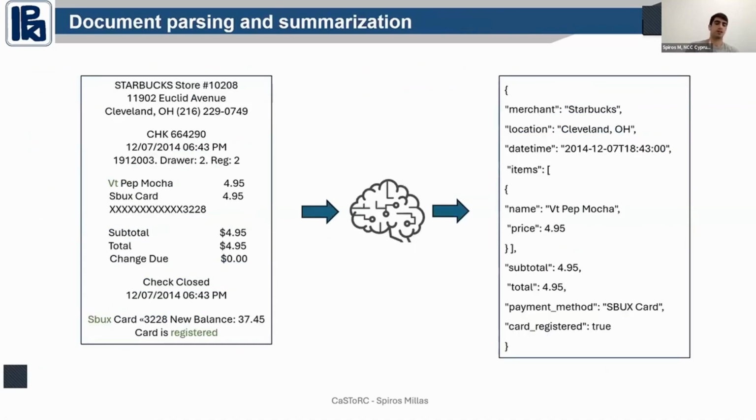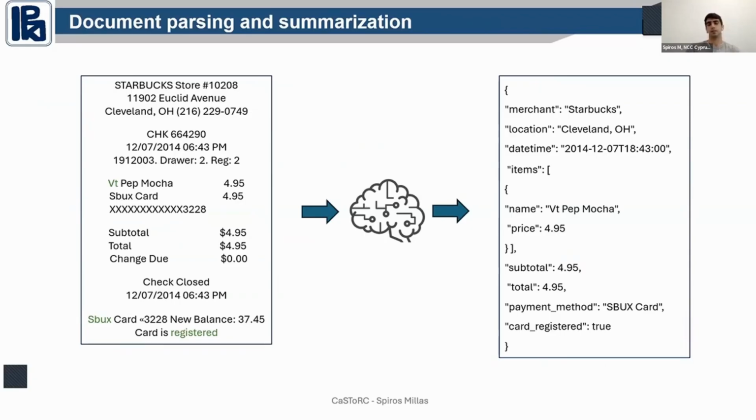This is when that structured understanding becomes really useful. On the left, you have the cleaned up receipt that came out of the LLM beforehand, and you can prompt the model to go one step further and tell it to organize that text into a structured format like a JSON.